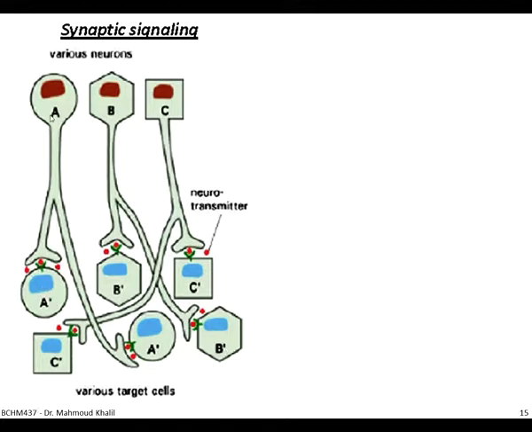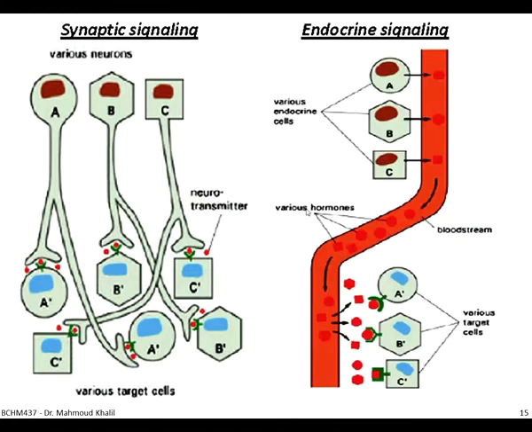So neuron A can affect target cell A, and the neurotransmitter is released at the junction between the end of the neuron and the target cell. Likewise, nerve B has a specific type of cells, and nerve C has a specific type of cells. So you have various target cells depending on the various neurons.